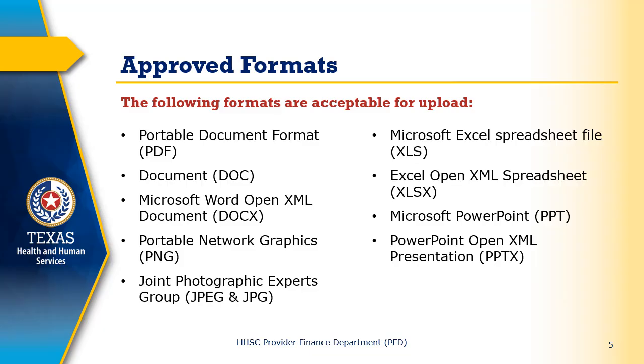The following file types are acceptable for upload: portable document format, PDF; document, DOC; Microsoft Word Open XML document, DOCX; portable network graphics, PNG; joint photographic experts group, JPEG and JPG; Microsoft Excel spreadsheet file, XLS; Excel Open XML spreadsheet, XLSX; Microsoft PowerPoint, PPT; PowerPoint Open XML presentation, PPTX.